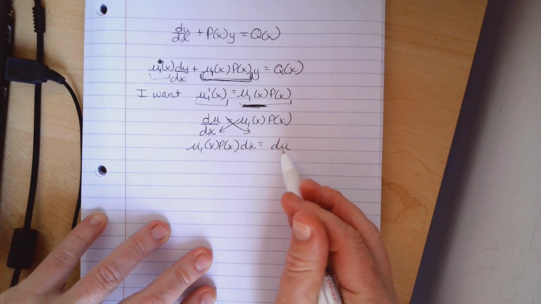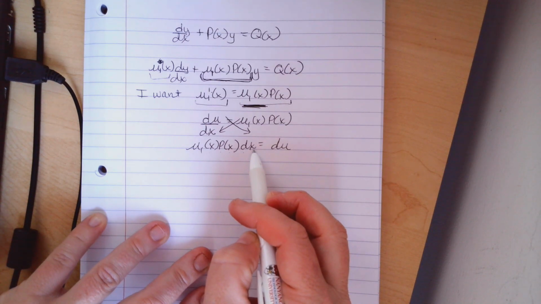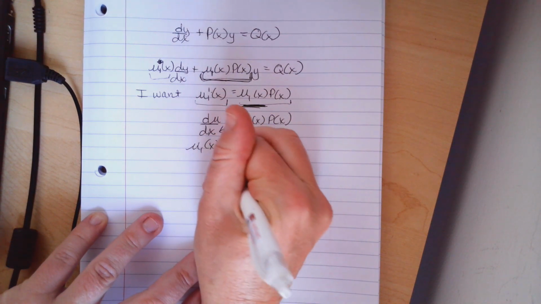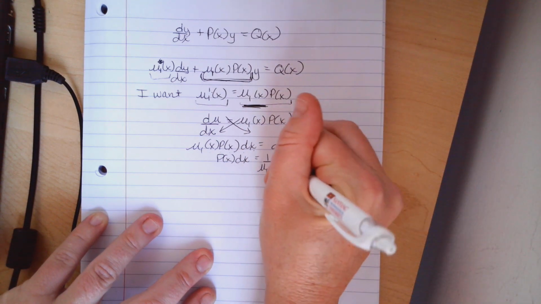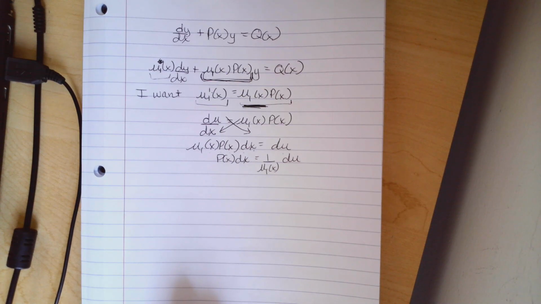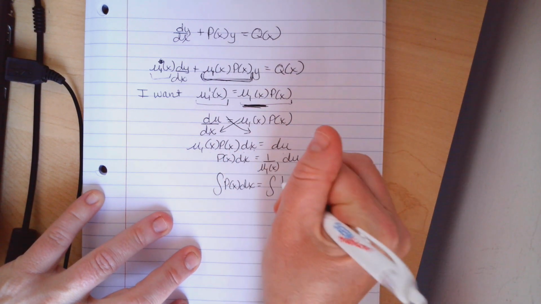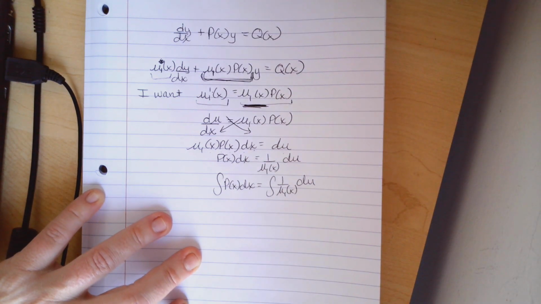We get du on one side and u of x p of x dx on the other side. I'm going to divide both sides by this u of x. So I get p of x dx equals 1 over u of x du. What do you think I'm going to do now? That's right, we're going to integrate both sides. So we integrate p of x dx, and we integrate 1 over u of x du. What do we get here?